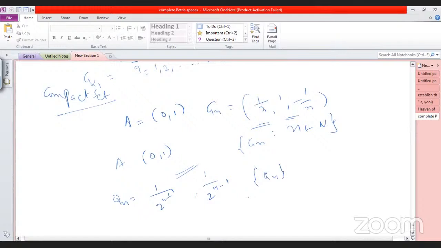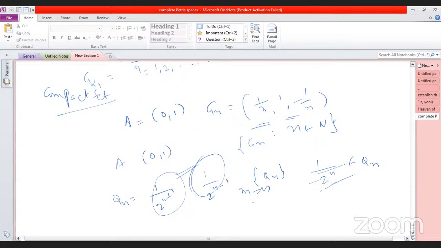The general condition here is 1/2^n, belonging to Qn. We take the condition m equal to n. So Qn is a cover of (0, 1), and therefore (0, 1) is not compact.